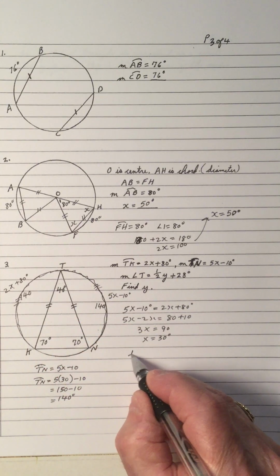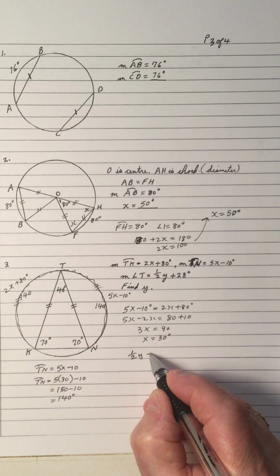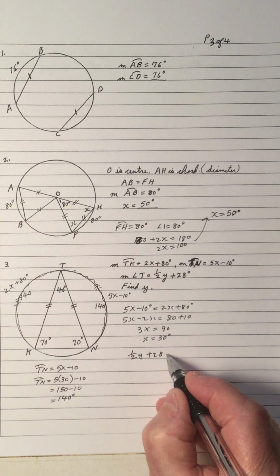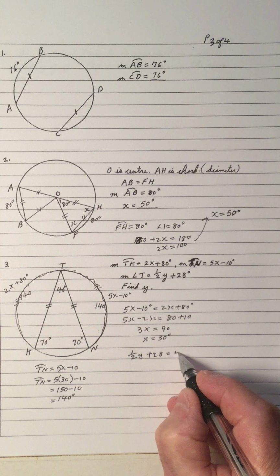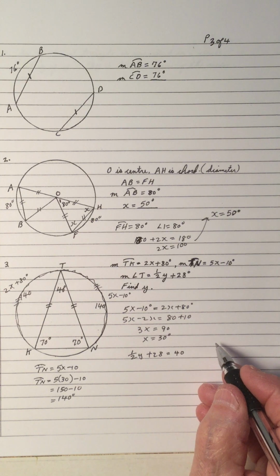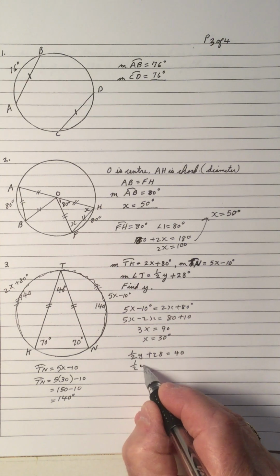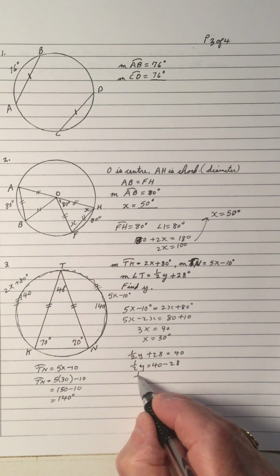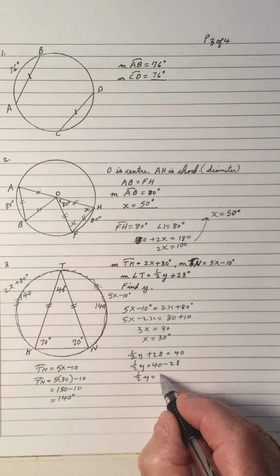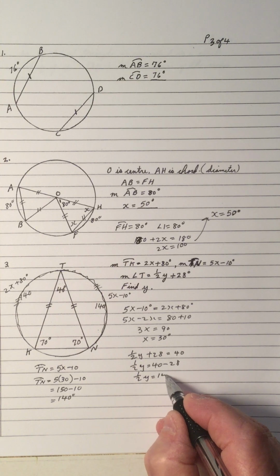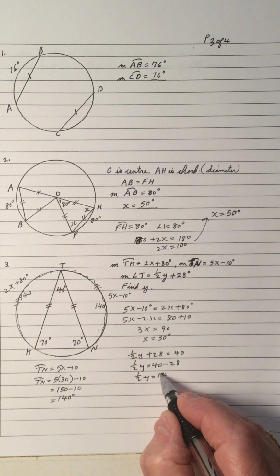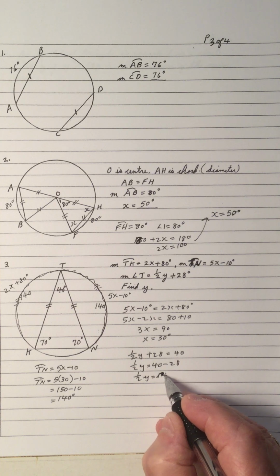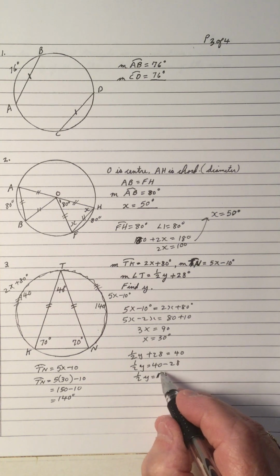So that means a half y plus 28 degrees is equal to 40 degrees. So a half y equals 40 minus 28, which is 12.